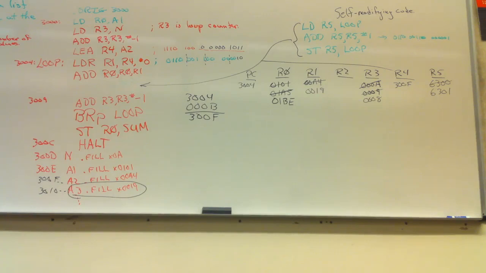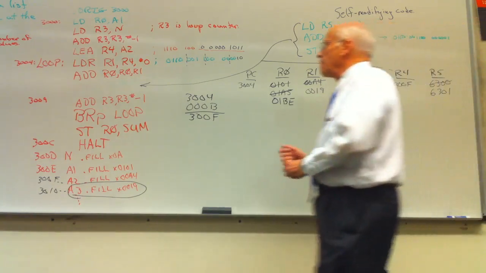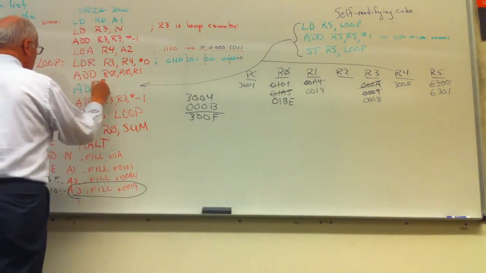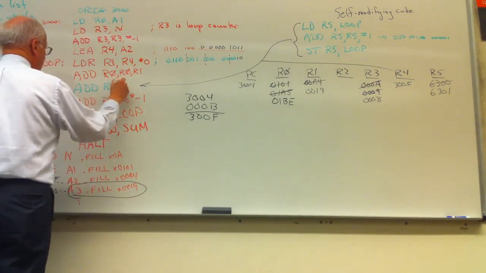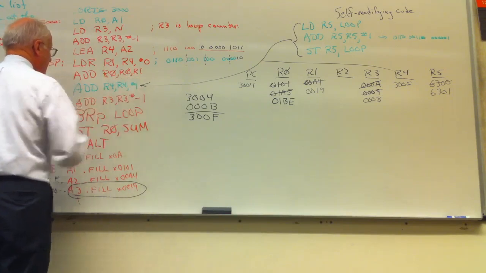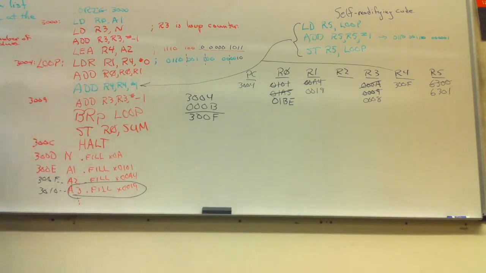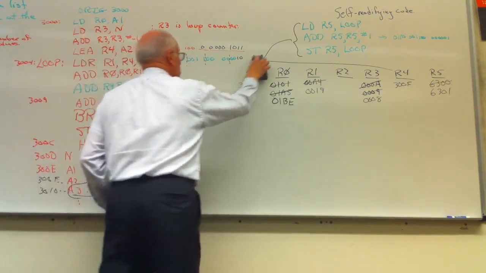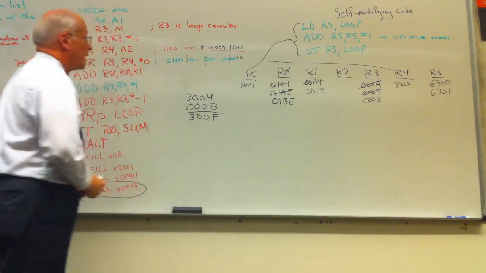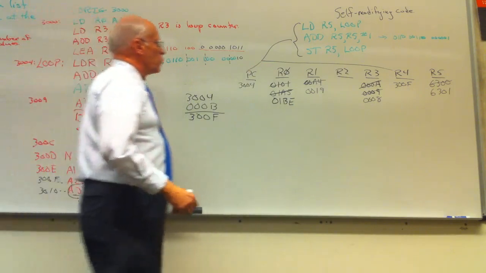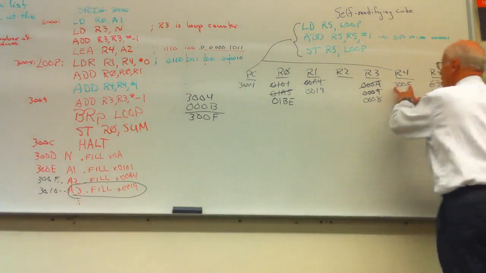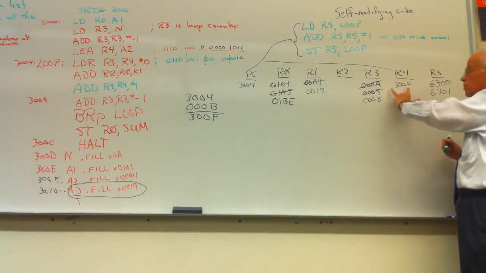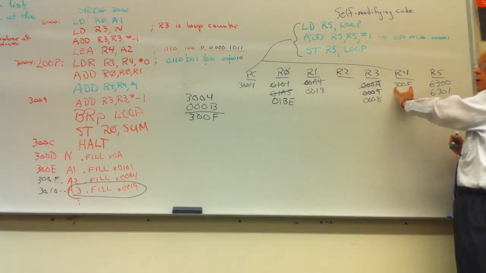So here's an alternative way. The difference will be, instead of going through this, I'm going to continually modify this location, this address that's in register 4.